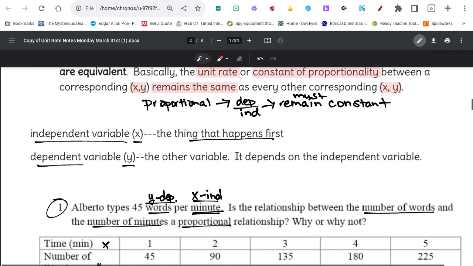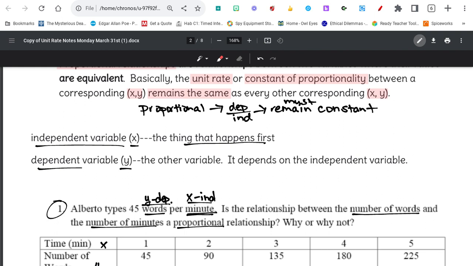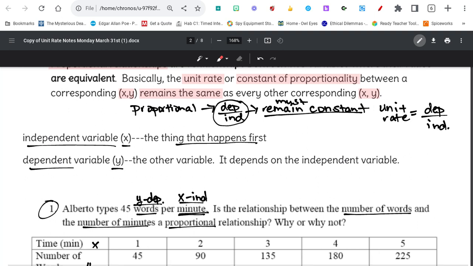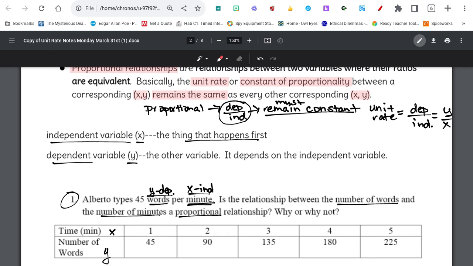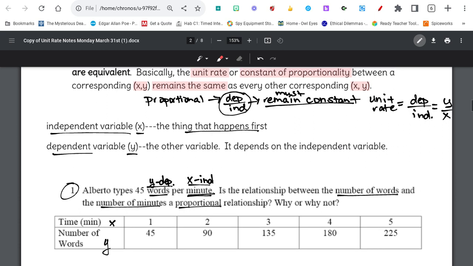Now, I said in order for it to be proportional, when you divide your dependent by your independent variable, it must remain constant. Dividing your dependent by your independent variable just simply gives you your unit rate. Your unit rate is equal to your dependent variable divided by your independent variable, or we can say it's equal to y divided by x, guys. Your unit rate can be found by taking your y divided by x.